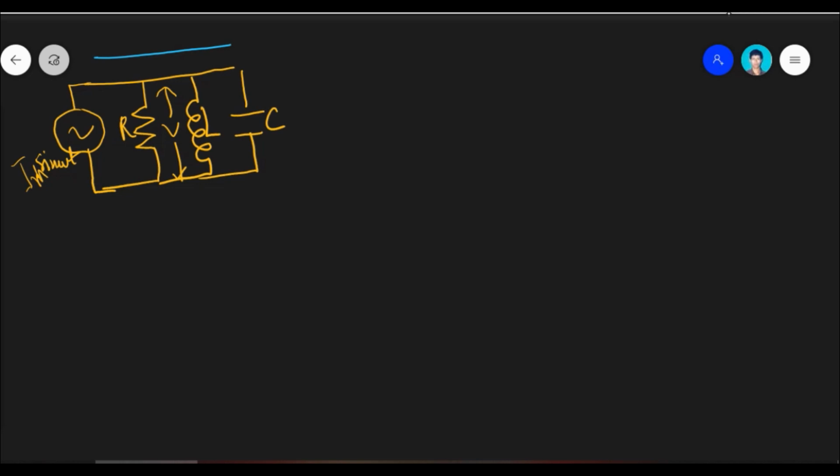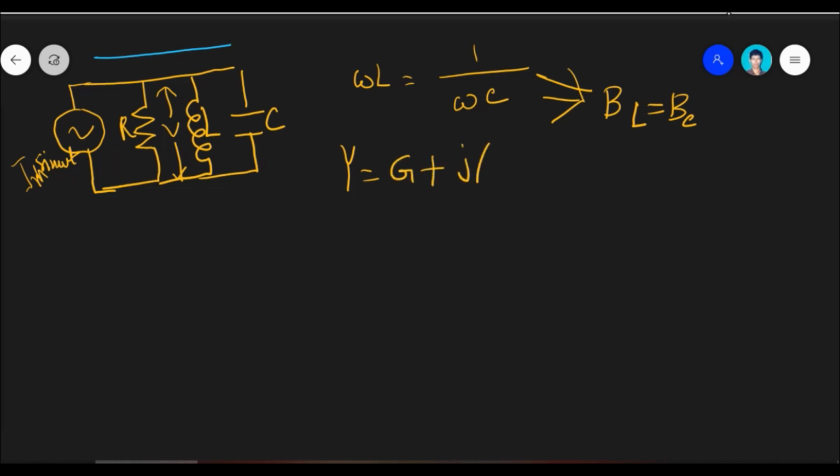So what happens when omega L becomes equal to 1 by omega C? The same thing: your capacitive and inductive susceptance will become equal to each other. For this circuit, Y is, just like the impedance of a series RLC circuit, going to be real.